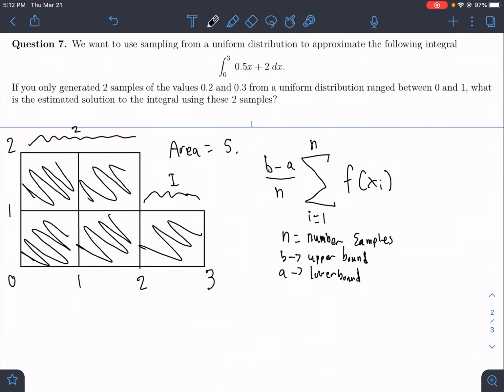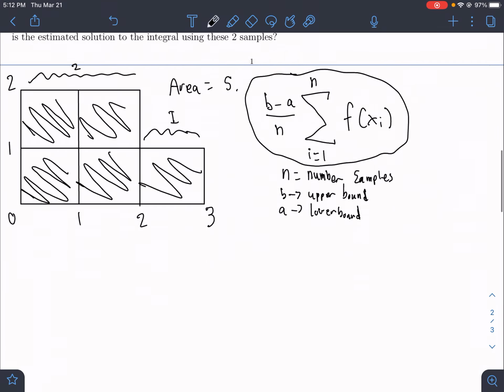So this formula may not make a lot of sense intuitively when you look at it, but let me break it down into a different form and maybe it'll make more sense. We take b minus a, and multiply that by 1 over n, and that is multiplied by our sigma, right?